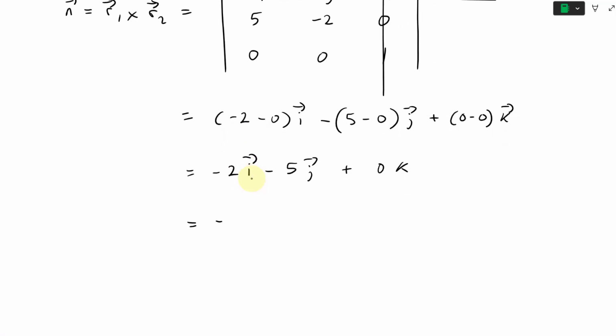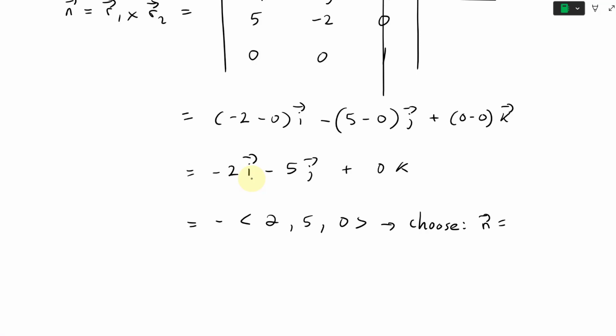So this equals negative, and I also get ready to write this in the triangle brackets format: negative, 2, 5, 0. I'm just going to choose, because it doesn't matter which direction, top or down, as long as it's perpendicular, because we want the equation of a plane.